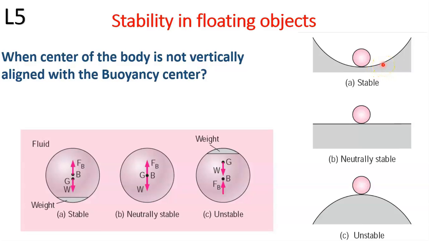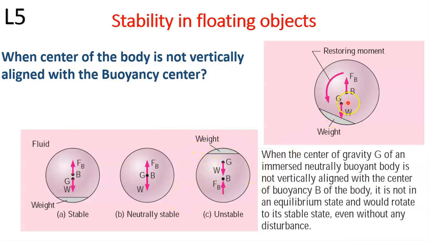Whereas an unstable situation, like this kind of curved surface and a ball, is prevailing in this diagram, where the heavy weight of the object is lying on the top. So W is acting downwards and FB is acting upwards. The center of buoyancy and the centroid are displaced from each other, and this makes the system unstable, and it can overturn in this direction or in this direction.